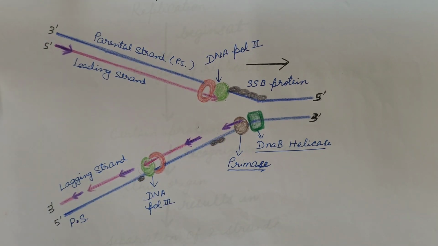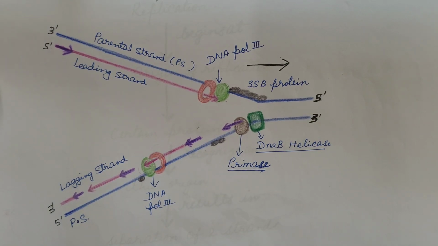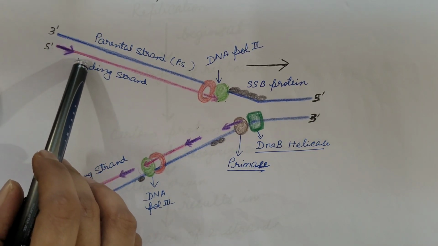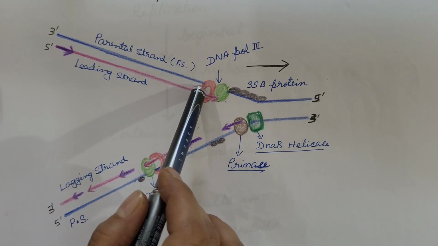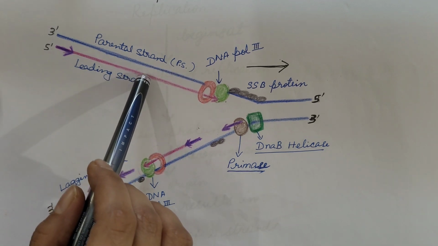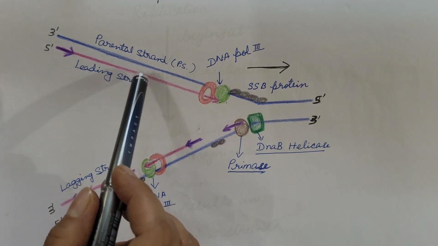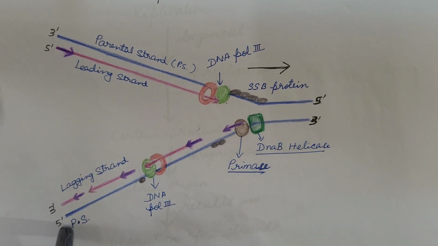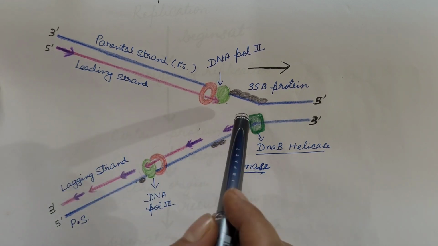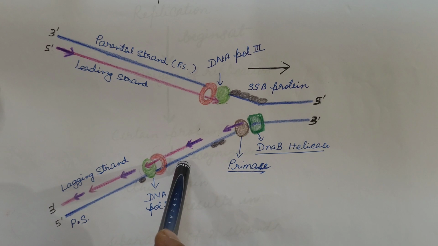Then again we can think, why is the lagging strand called the lagging strand and this is known as the leading strand? This is because after a certain stretch of leading strand is synthesized in the direction of the movement of the replication fork, around 1000 to 2000 nucleotides in prokaryotes, the template of the lagging strand is unveiled, and this results in the first round of fragment synthesis of the discontinuous strand.